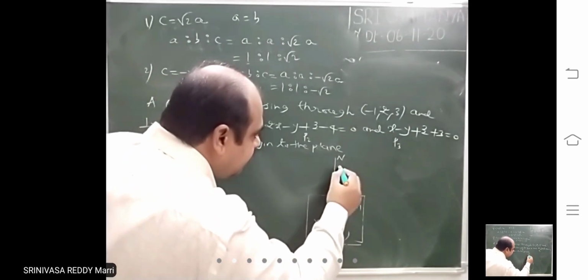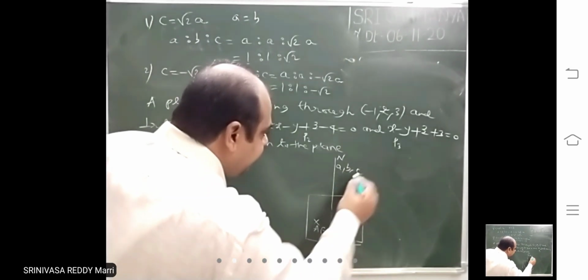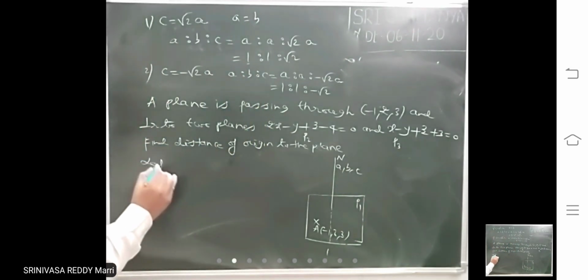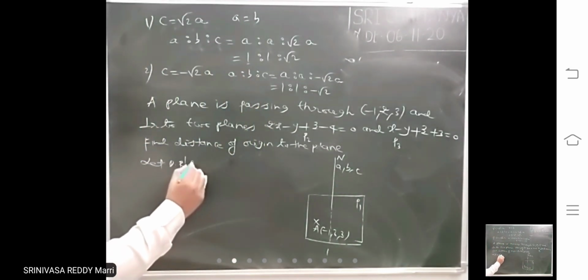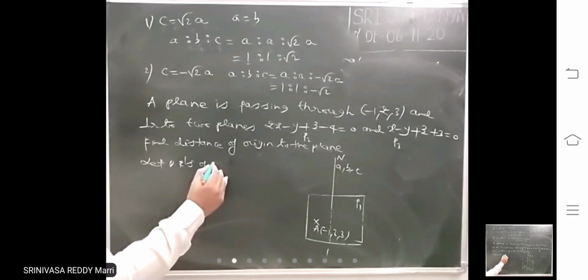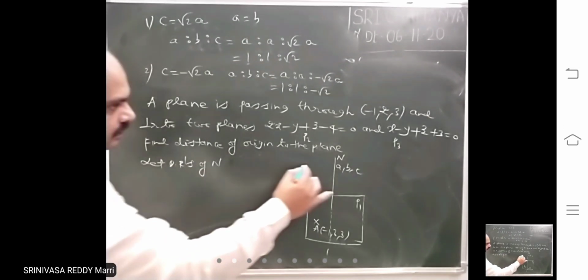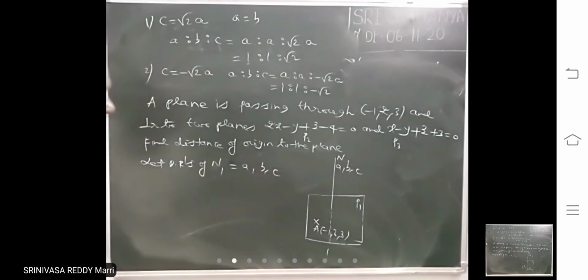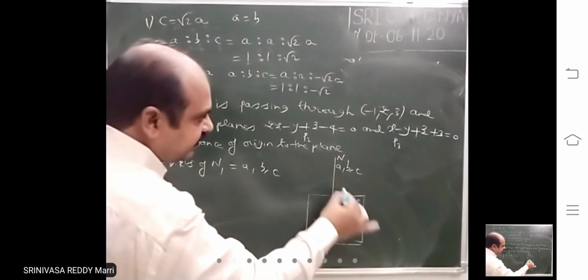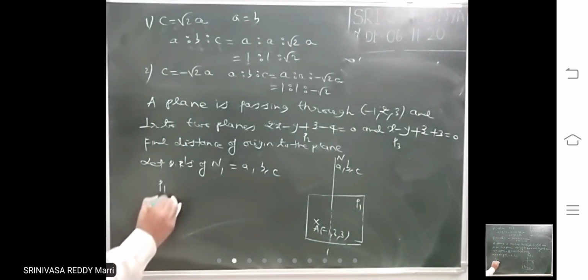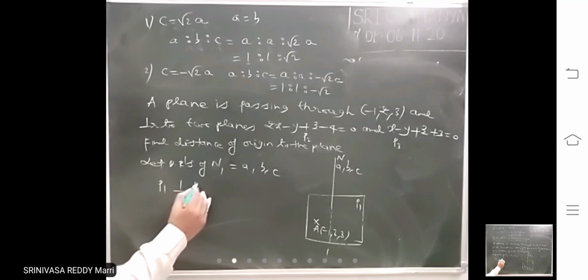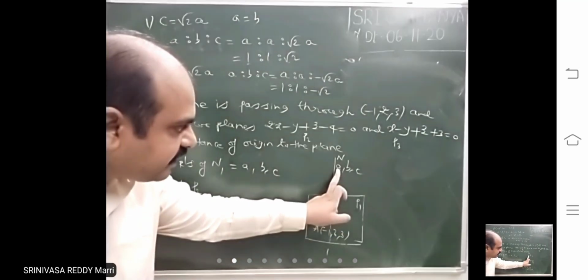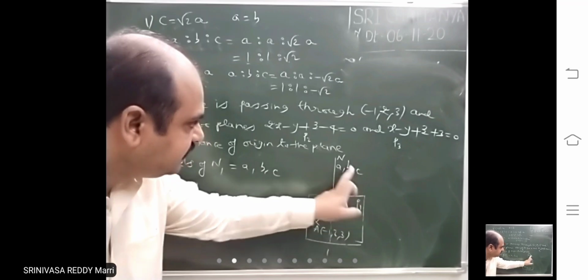So let us say the normal DRs are A, B, C, let us say N1. Now, this is plane 1, this is plane 2.